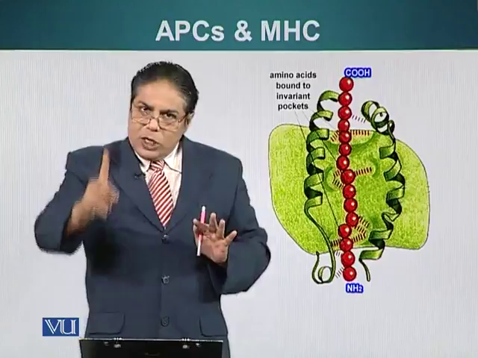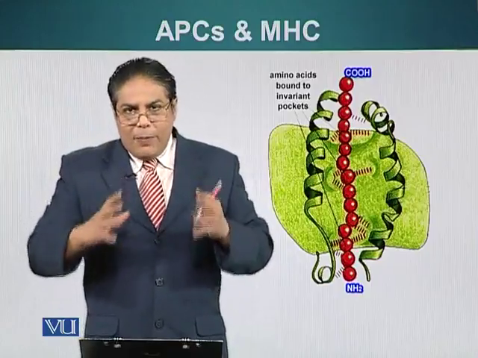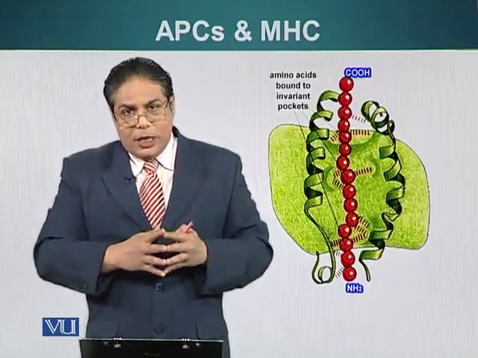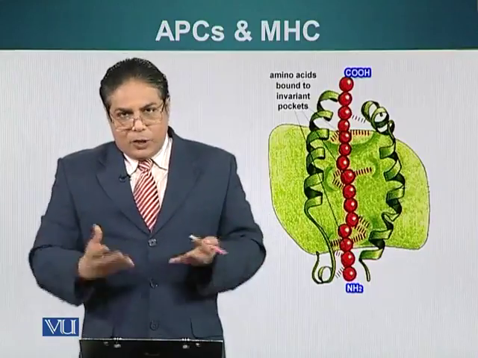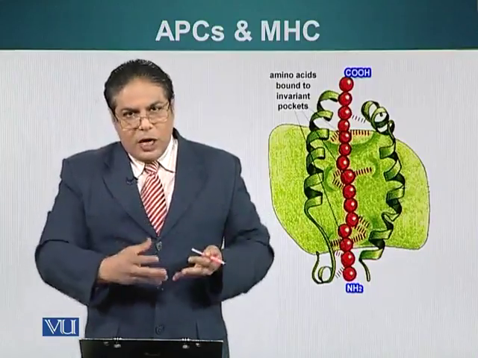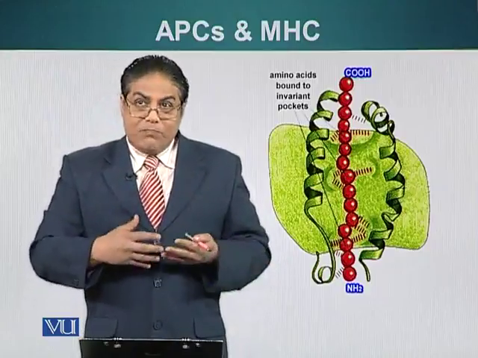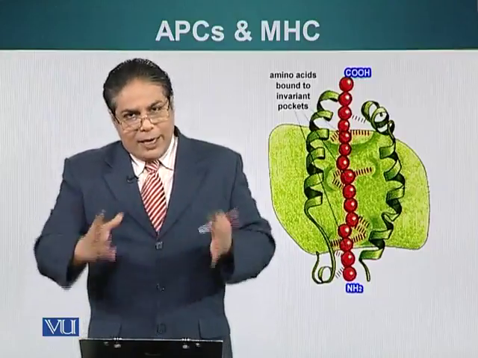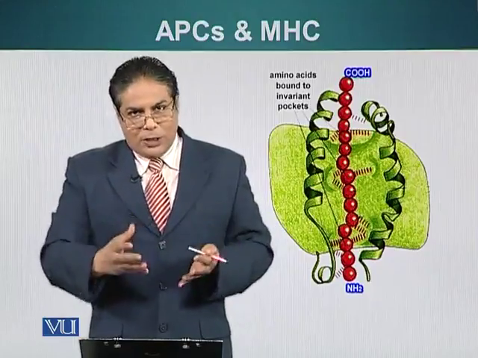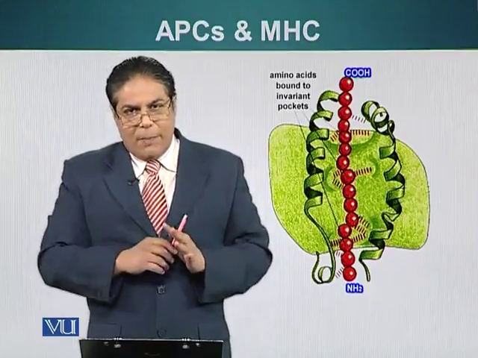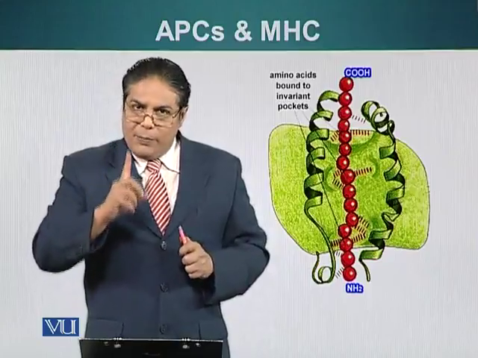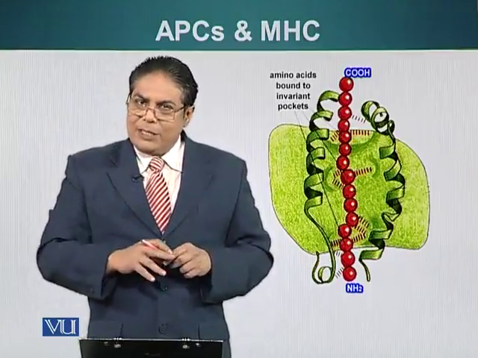Any house that is displaying the red flag will be attacked by our immune system, and the whole cell will be destroyed, including the pathogen that was hiding in the cell. Think of it as, for example, collateral damage, that you have to sacrifice your own cell to get rid of the intracellular pathogen, which is only possible with the help of these MHC molecules.